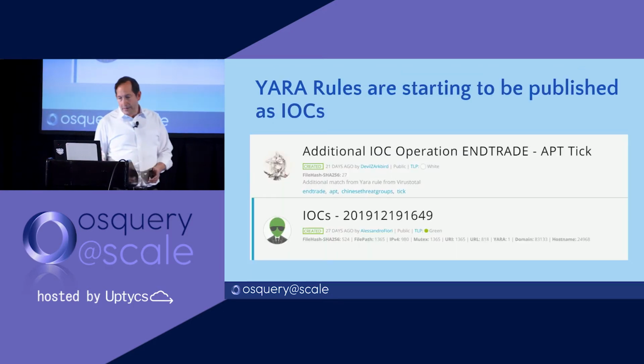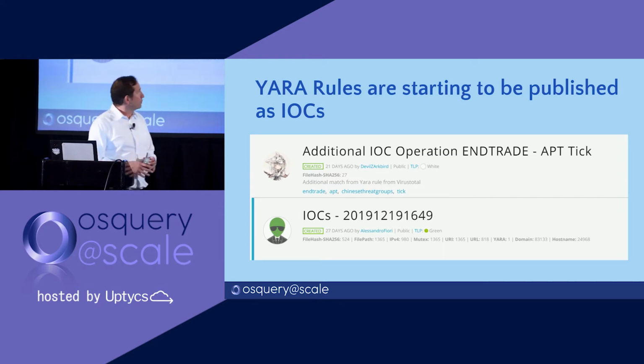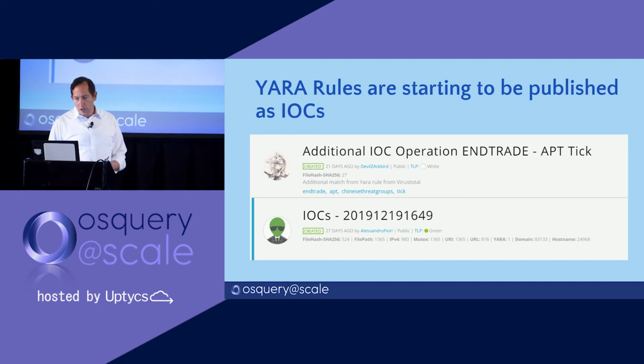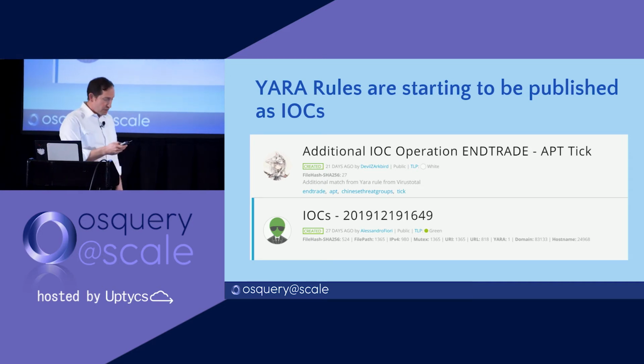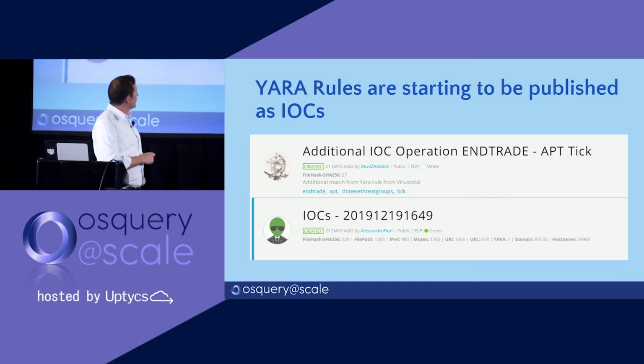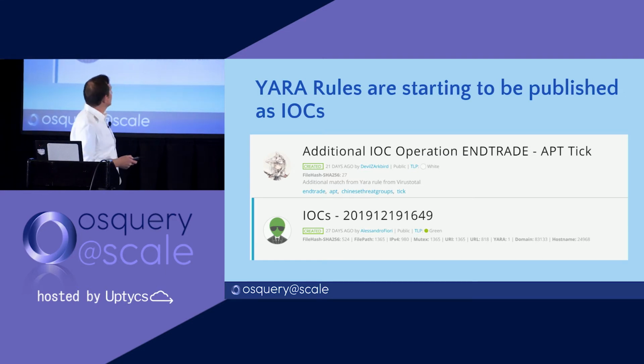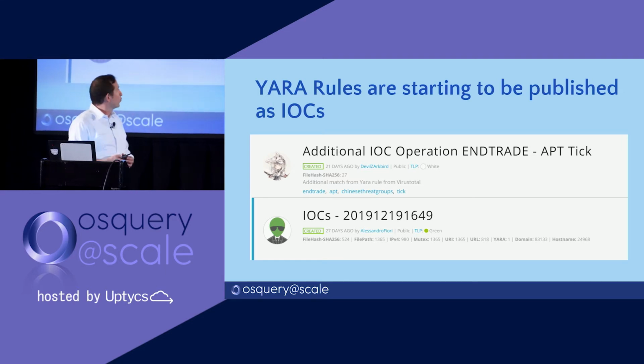Here we see that we're starting to see some of the YARA rules published as indicators of compromise. So this is on the Open Threat Exchange. This particular rule here, we have some typical file hashes and some IP addresses and so on, but we also have a YARA rule. So we're starting to see these used more and more, and they're being used in different ways.